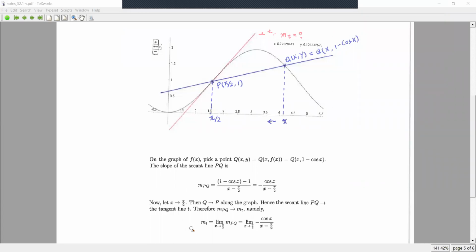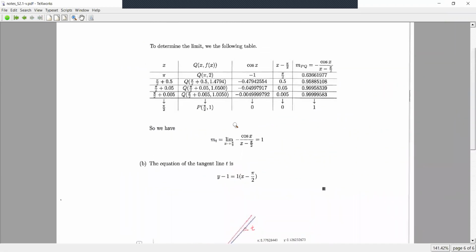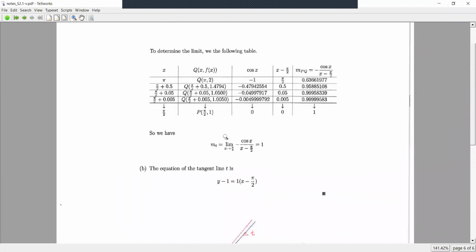Again, for the convenience of my presentation, I copied this limit on the last page. I copied that limit here. Now, to find the limit, I make this table.